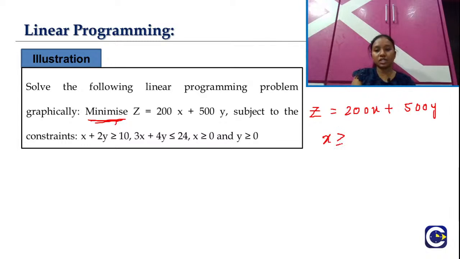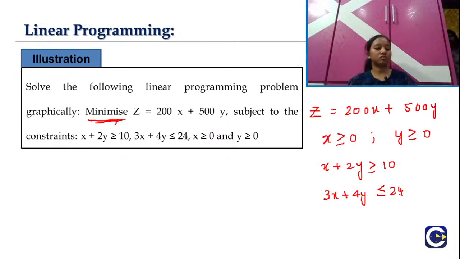The first constraints are non-negative constraints, where x is greater than or equal to 0 as well as y greater than or equal to 0, and the remaining two constraints are x + 2y is greater than or equal to 10, and the next, 3x + 4y is less than or equal to 24. So first you have to plot the graph using these four constraints, and then find the feasible region and then try to figure out the corner points here.